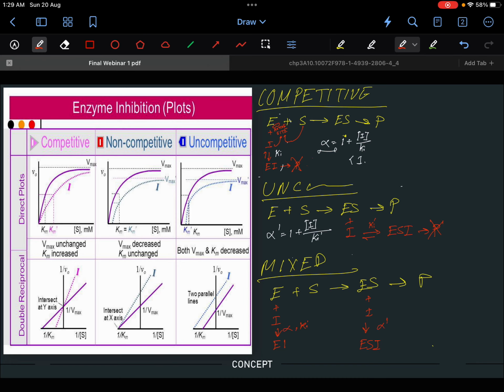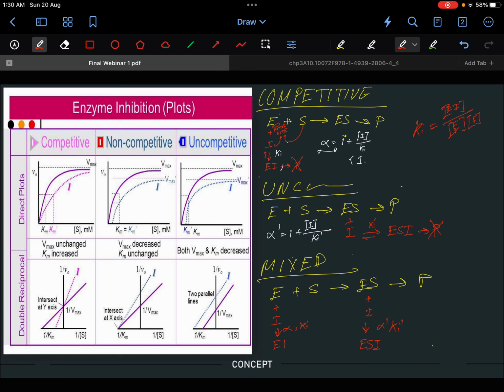For this reaction it will be alpha 1 and Ki 1. Okay, by the way, what is the Ki and Ki dash? Ki is equal to the concentration of the product, that is EI complex, divided by concentration of enzyme and I, right?